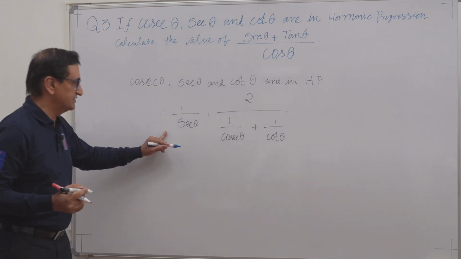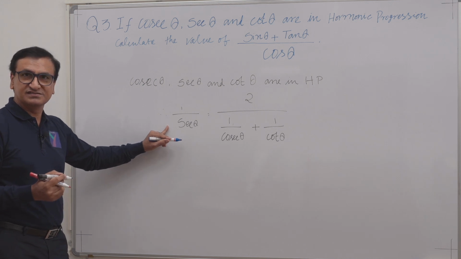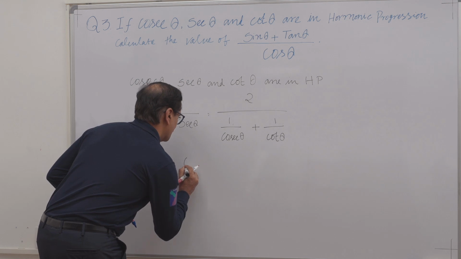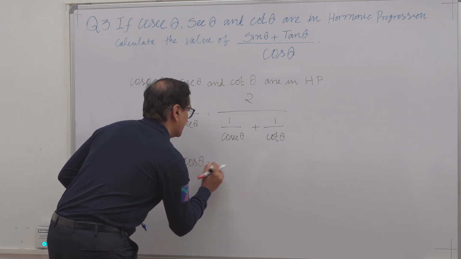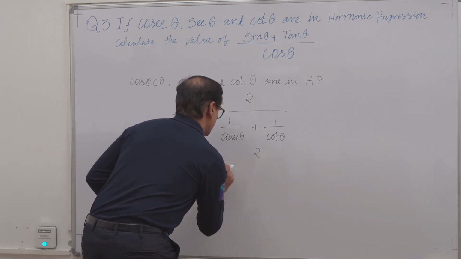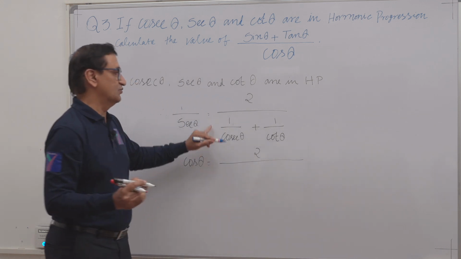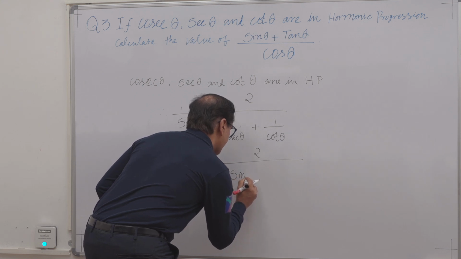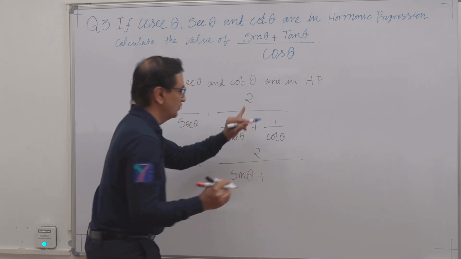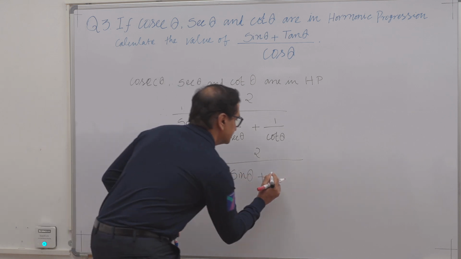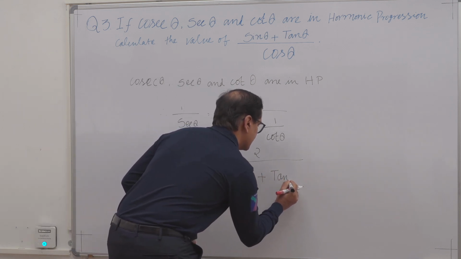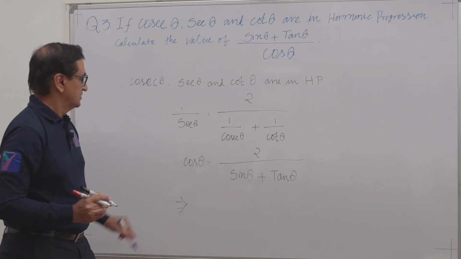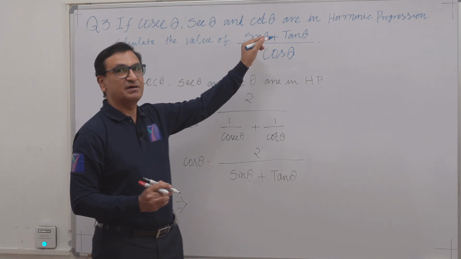Okay, we have to simplify this. 1 over secant is cos theta, right? So cos theta equals 2 divided by (1 over cosecant, which is sin theta, plus 1 over cot theta, which is tan theta). So the equation is cos theta equals 2 divided by (sin theta plus tan theta).